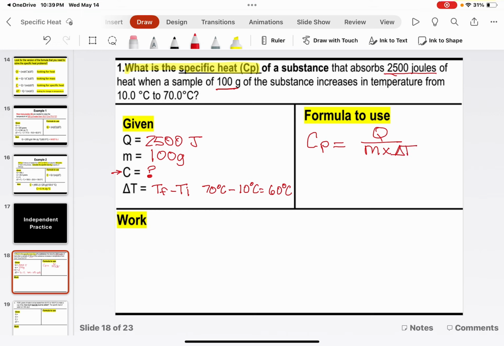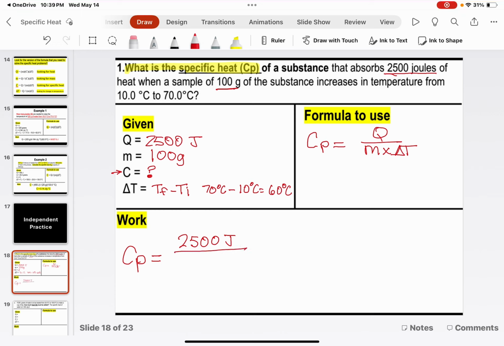Okay, and then for the work, we're simply going to substitute the numerical values. So specific heat is equal to Q. We said Q is 2,500 joules, and then divided by mass.